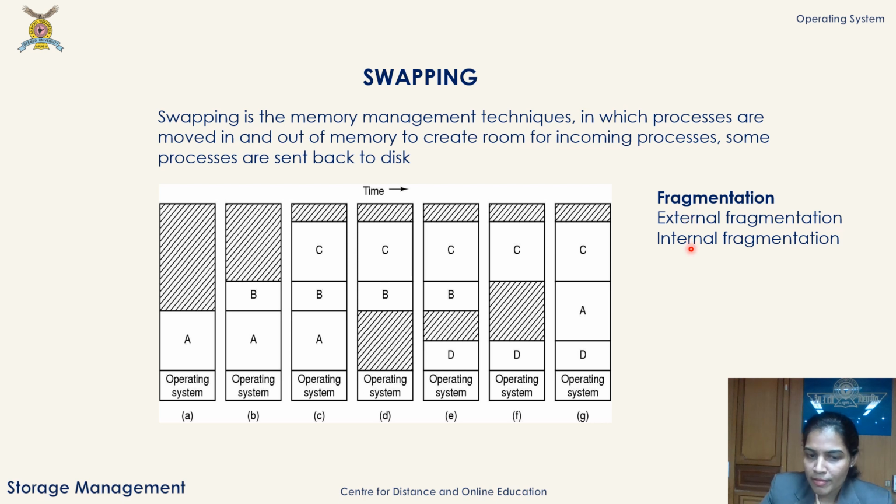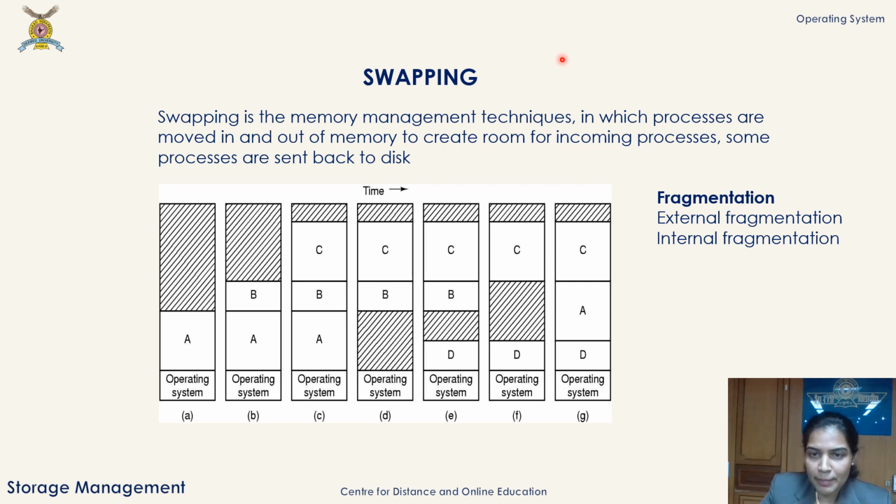Now, there are two types of fragmentation: external fragmentation and internal fragmentation. In external fragmentation, the total memory space is enough to satisfy a request or to reside a process in it, but it is not contiguous, so it cannot be used.